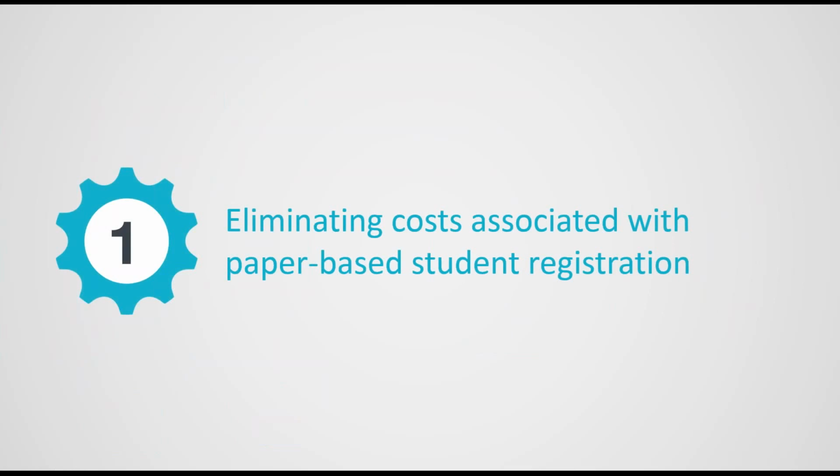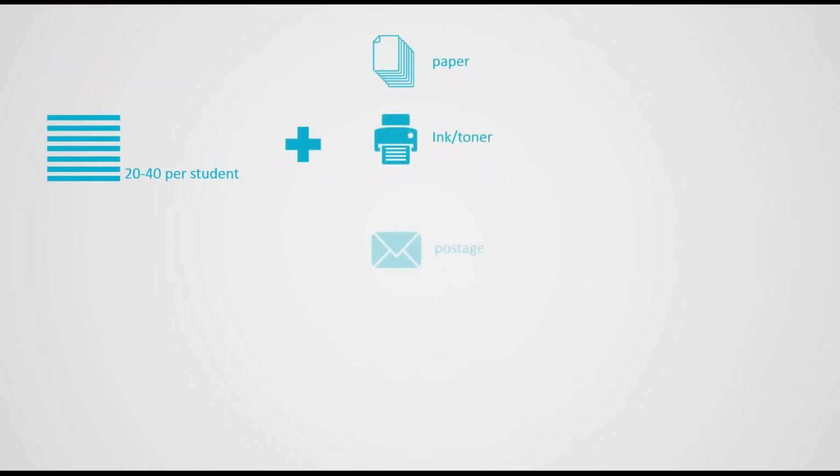So first, let's take a look at how eliminating the cost associated with that paper system and process that you may currently use can increase efficiency and savings. As you know, the online student registration system will replace the paper system. The average number of forms distributed to families every year is often 20 pages per student, often rising to over 40 pages.